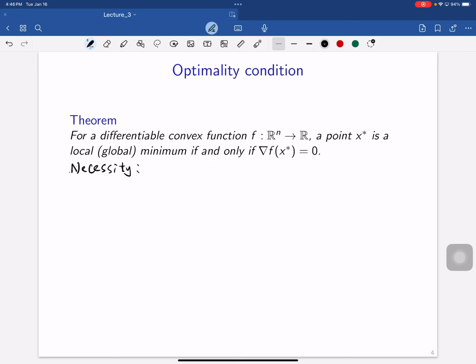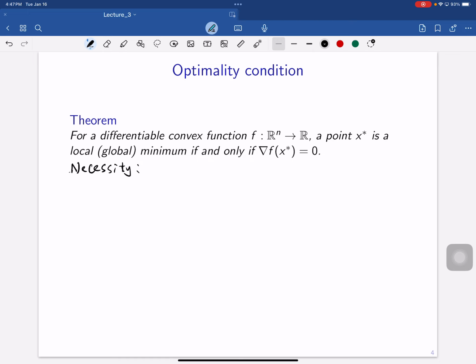Let's first prove that if x star is a local minimum, or for the sake of the argument, we can say it's a global minimum, since f is a convex function, local minimum and global minimum are equivalent. So if x star is a local minimum, how do we show the gradient at x star must be 0? Any thoughts? You only need some argument from calculus in order to show that.